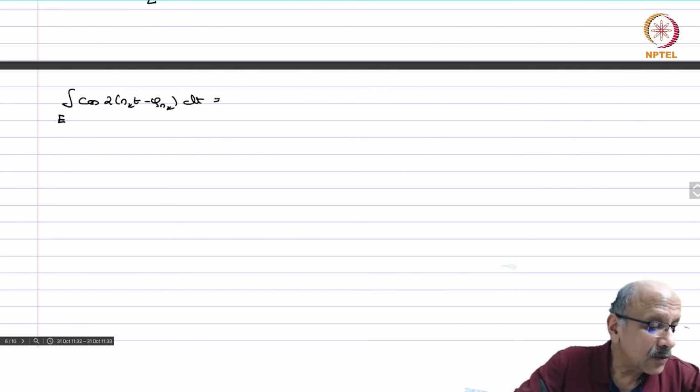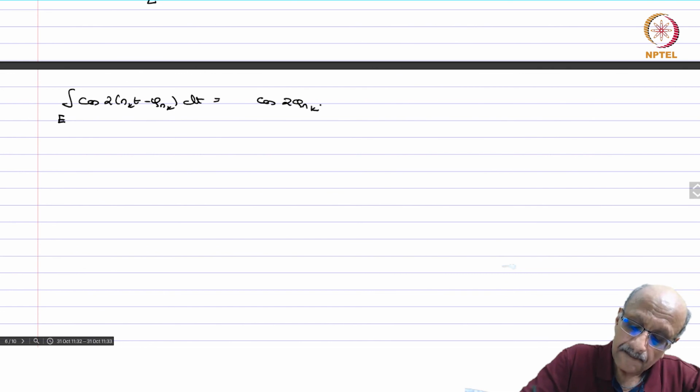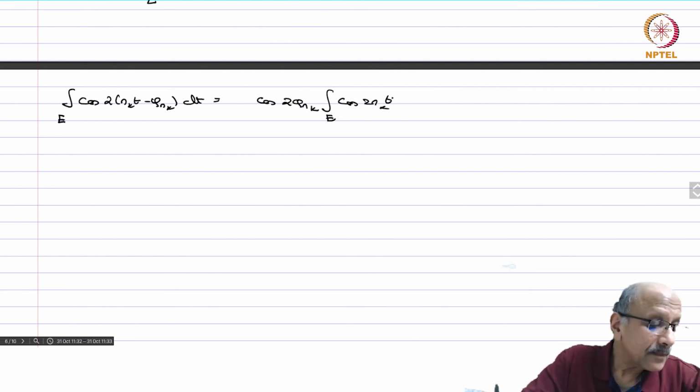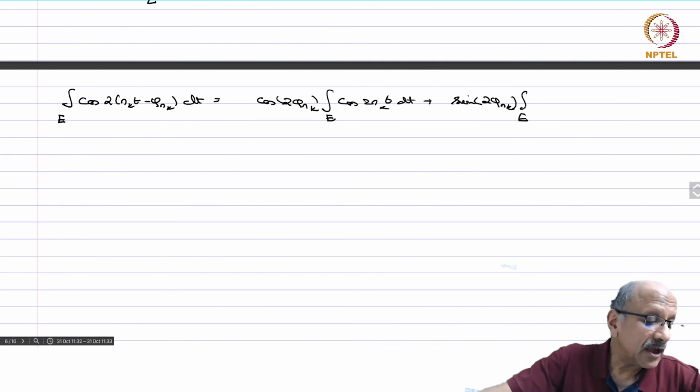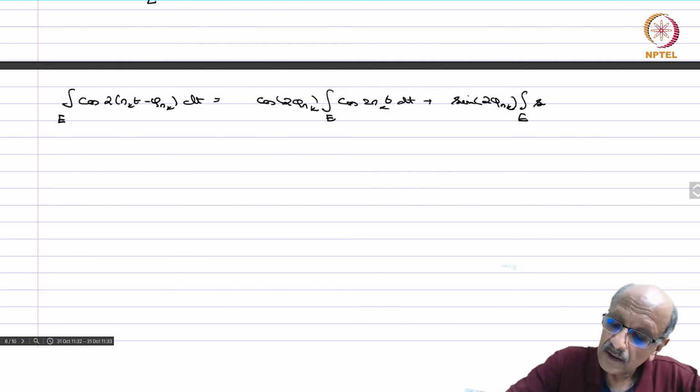This is equal to cos 2 phi nk times the integral over E of cos 2nkt dt, plus sine 2 phi nk times the integral over E of sine 2nkt dt.